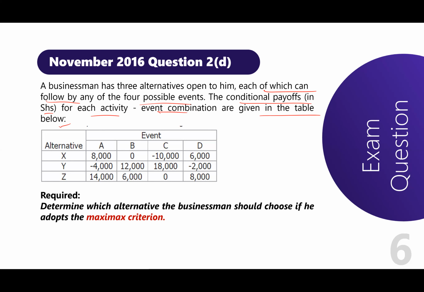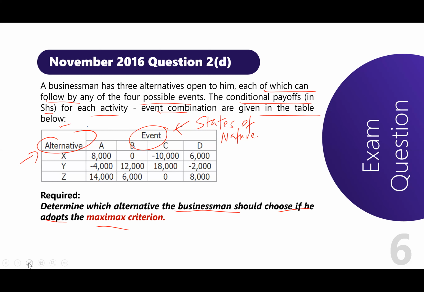So they were given these events, which I may call the states of nature. On the discussion we had, we said that these are the states of nature. Then the alternatives are those that are within your own control. So we are going to determine the alternative that the businessman should choose if he adopts the Maximax criterion.